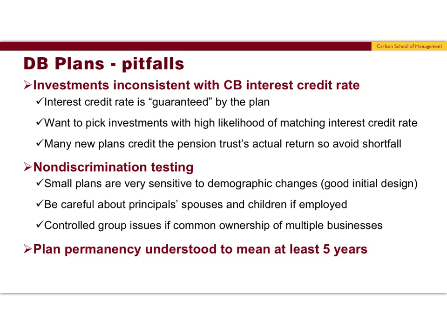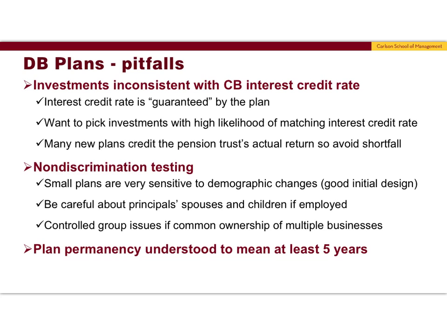One way to mitigate this investment risk is through a new rule which allows cash balance plans to merely credit participant accounts with the actual return on plan assets instead of a guaranteed rate. There are various rules and regulations specifying some limits to this variable interest credit rate, but many new plans are designed with this option. Unfortunately, it's fairly difficult to switch an older plan that has a guaranteed rate over to a new variable rate design, so those legacy plans generally just stick with the guaranteed rate.